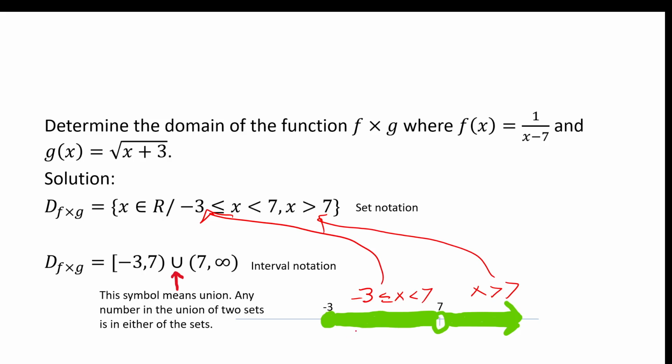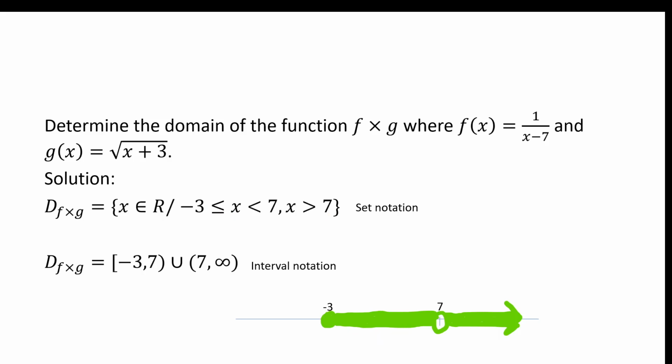Or down below, we could use interval notation and say the interval from -3 to 7, including -3 but not 7, as well as the interval between 7 and infinity, not including either of those. That union between those two intervals will represent the intersection of the two domains that we've since erased.